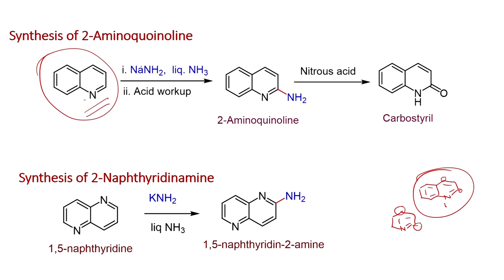You can see here, as we have just seen, sodamide and liquid ammonia give the addition product. Once you have this, it can lose hydride ion, as we have just seen.